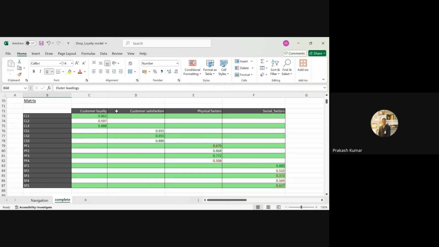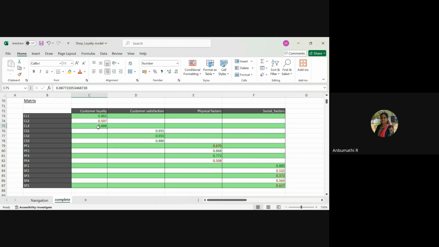But here, since it is relative grading, like we do in people evaluation, comparing CL1 and CL3, it is very low. CL1 is 0.861, CL3 is 0.888.